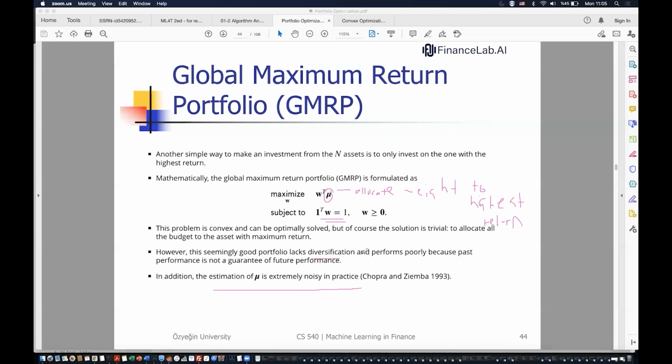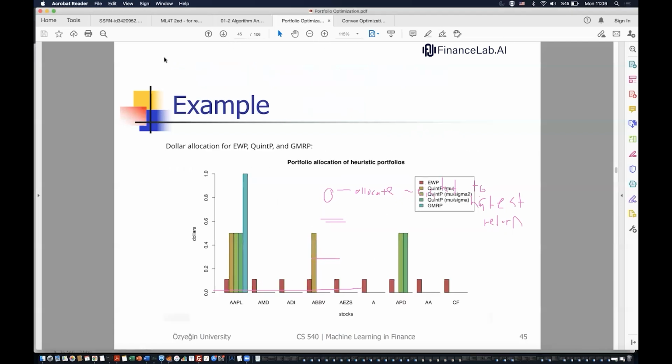And because an asset returned higher in the past doesn't mean that it will return higher in the future, we are ignoring all the covariance relationships between different assets. We are just focusing on the asset with the highest return in the history. Again, the past performance doesn't guarantee the future performance. That's why this will not be a good strategy.